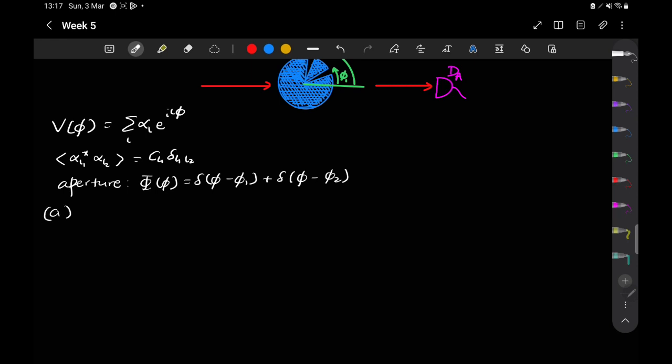Let us look at problem A. Because we are given this particular expression for the correlation between alpha, this means that the field is stationary and there is no correlation between different OAM modes.